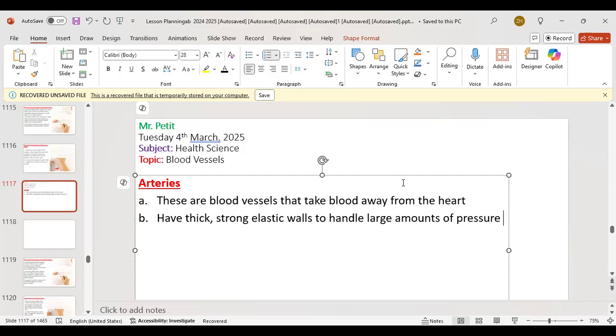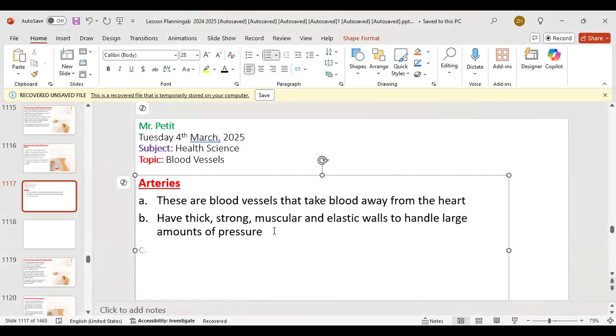The arteries withstand a lot of pressure because they carry the blood away from the heart. Right from the left ventricle, it goes to the arteries and then to the rest of the body. So they have to withstand that pressure from the blood rushing from the heart. So that's thick, strong, muscular, and elastic walls to handle large amounts of pressure, okay?